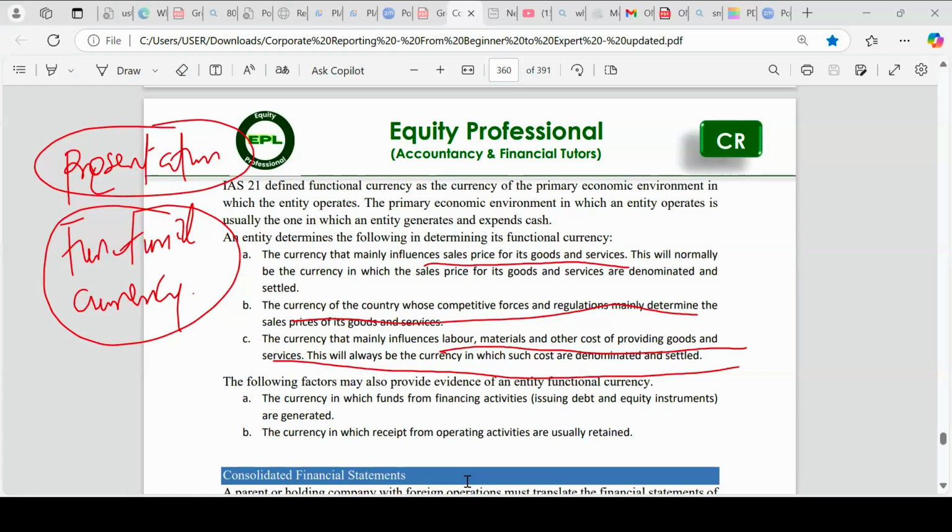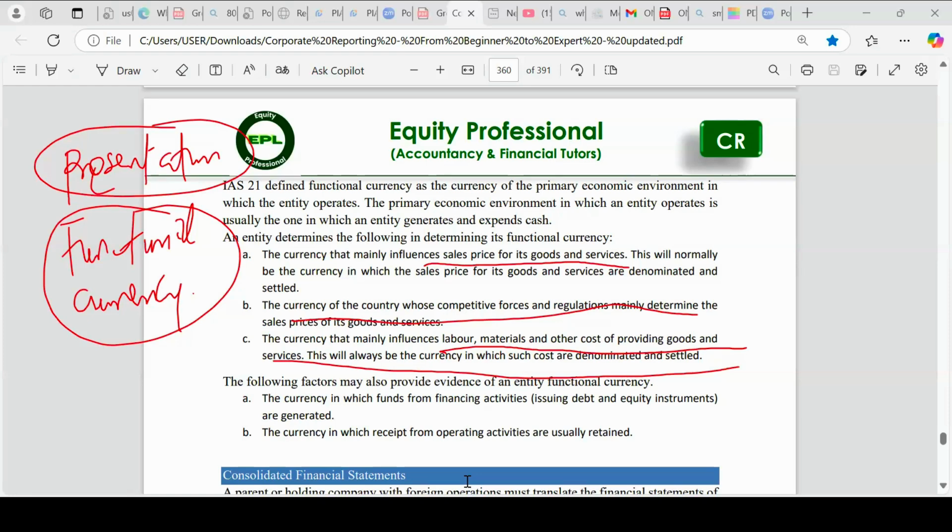But mind you, you are going to be looking at these factors majorly when the company is a foreign operation of another parent. That's what usually would happen. But if it's a locally owned company that is not a member of a group, it's most likely going to be that their functional currency will be the currency of the home country where they are operating.